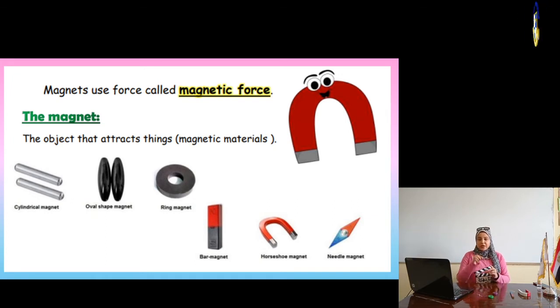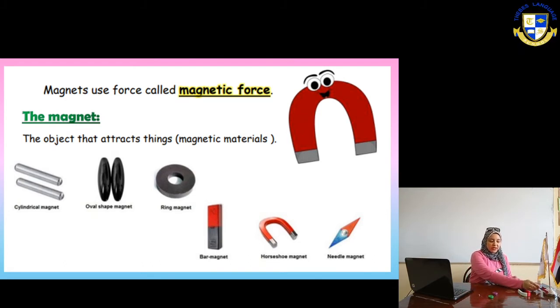For example, this one is gold. If I hold it near a magnet, it's not going to attract it because gold is not a magnetic material. But if we said that this flag is iron, it will attract to it. Let me see.